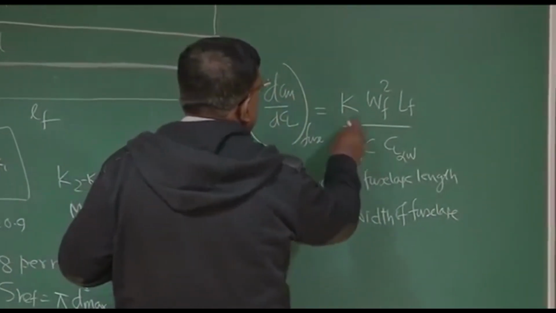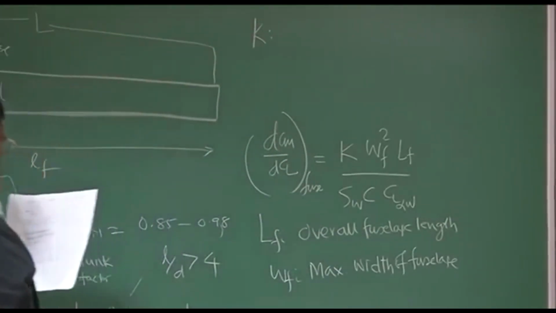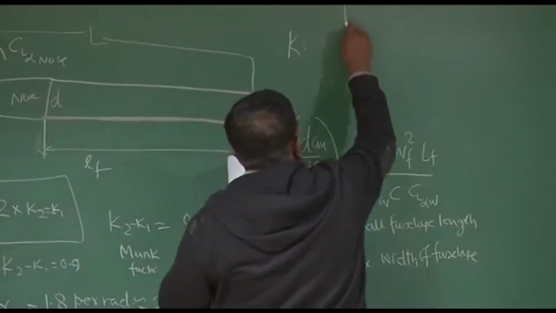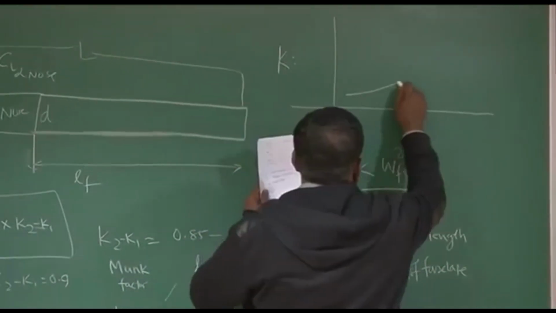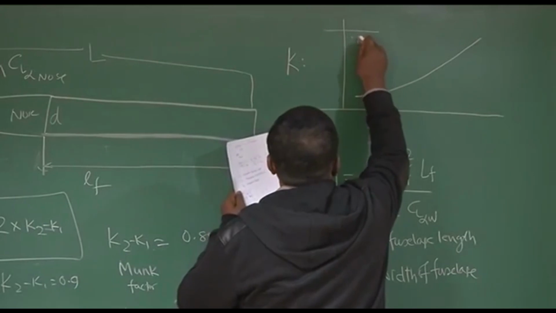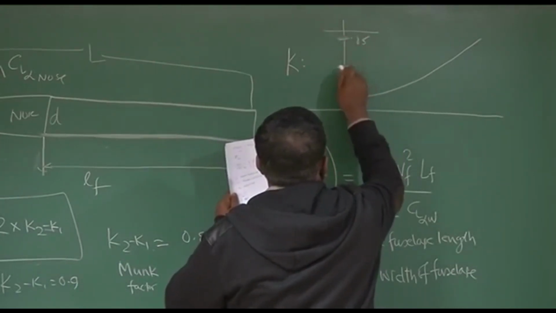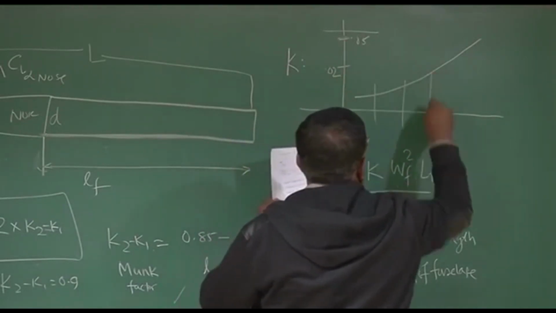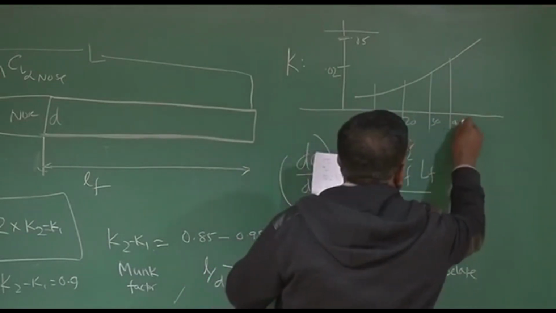and SW, the K part is an arbitrary constant, which is also called empirical factor, that you can find out by referring to a standard design chart. Just I'll give you some typical values. This may be around 0.05, this one, and say 0.05, 0.02, and these are given as 10, 20, 30, 40.